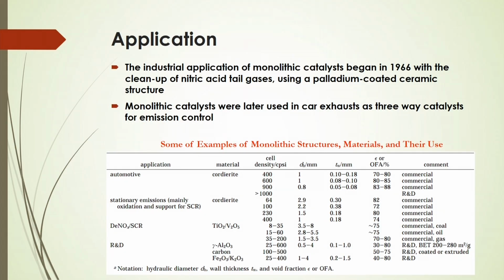Even other different applications, like stationary emissions, mainly oxidation of support for scrubbing of particulate materials from the gaseous stream. And in R&D also, nowadays so much research is going on based on the application of this monolithic shape catalyst in the reactor.